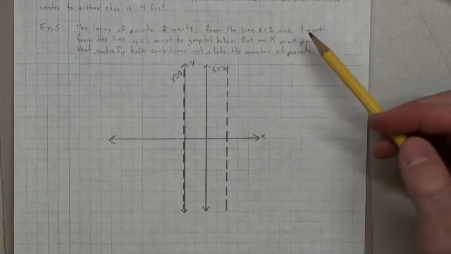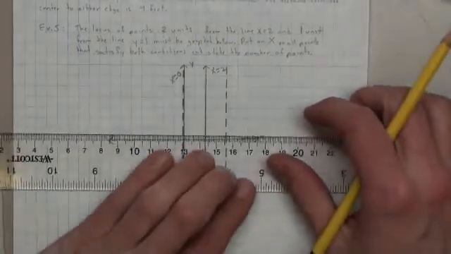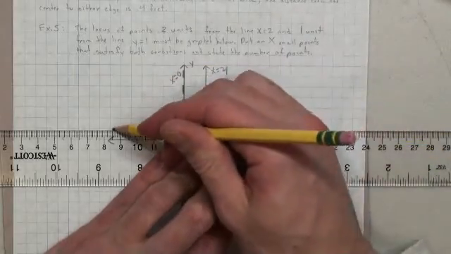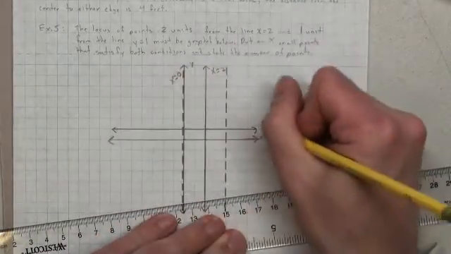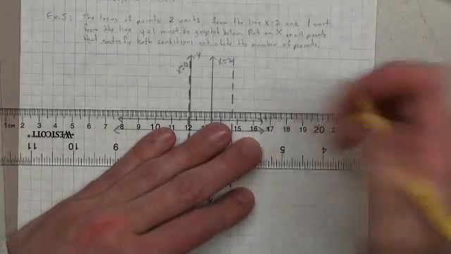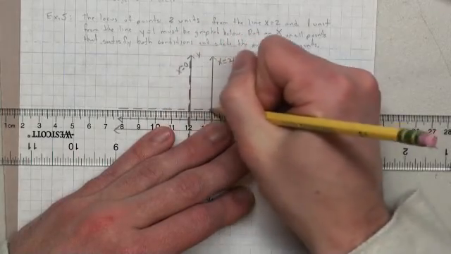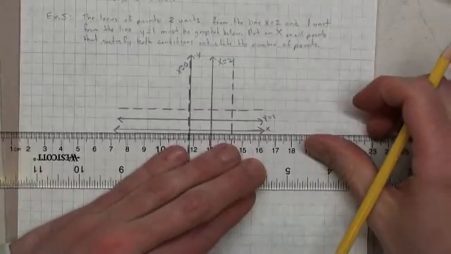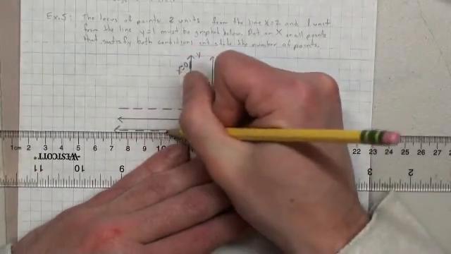Now we also have to go 1 unit from the line y equals 1. So here's the line y equals 1. And it's got to be 1 unit away, so I'm going to go 1 unit above, make a dashed line, and I'm going to go 1 unit below, which is the x-axis this time.